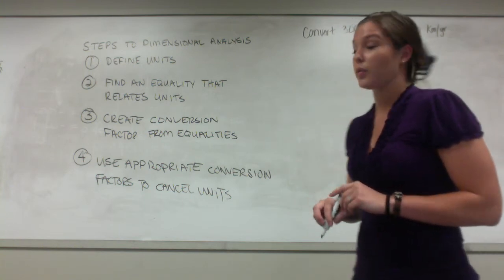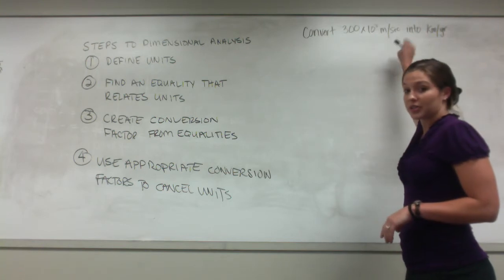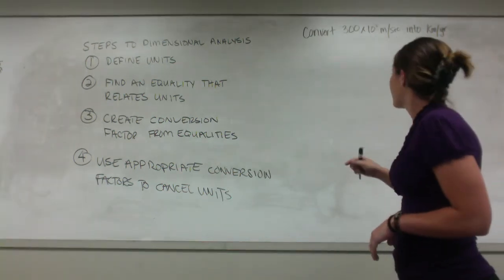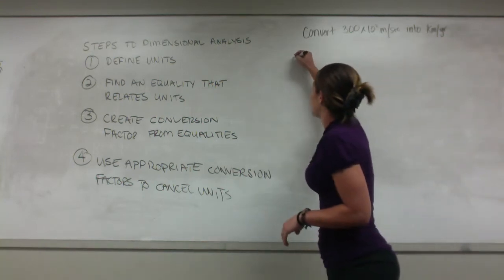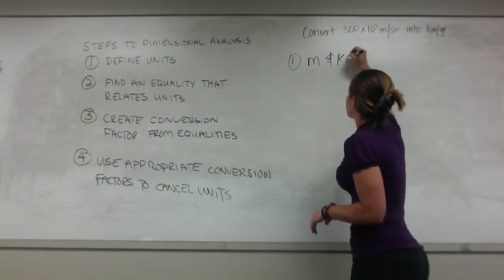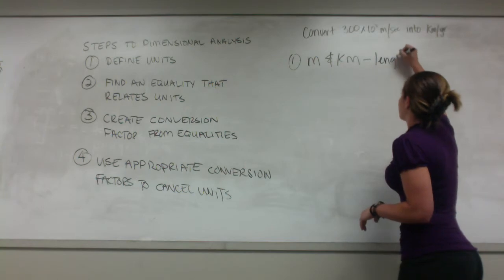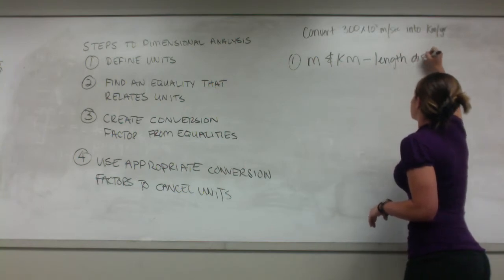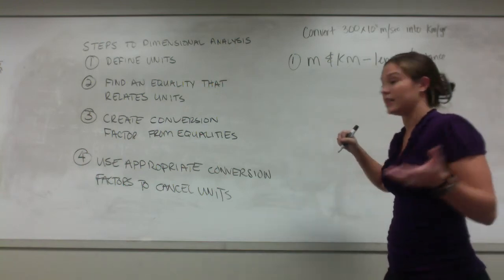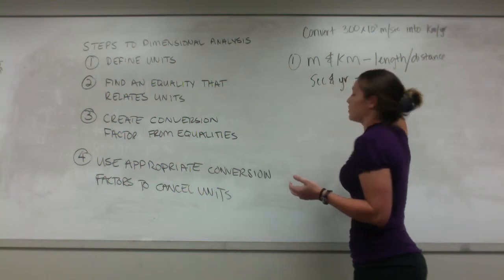So we start with 3 times 10 to the 8th meters per second, and we're converting that into kilometers per year. So we have meters and kilometers, which are units of length or distance, whereas seconds and years are units of time.